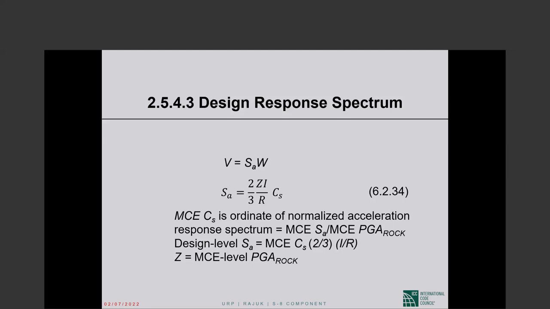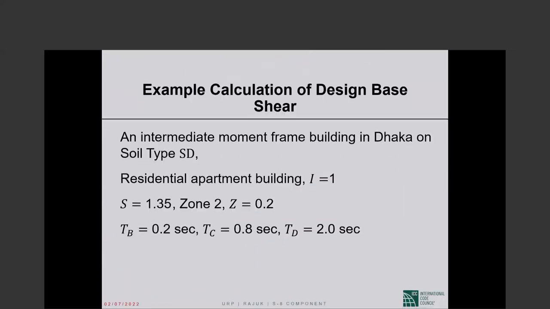So V is equal to S sub A times W, and S sub A is given by 2/3 Z I over R times C sub S.